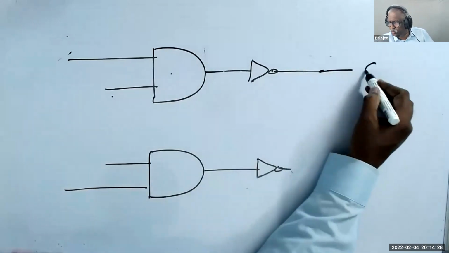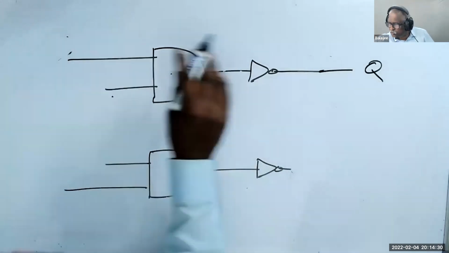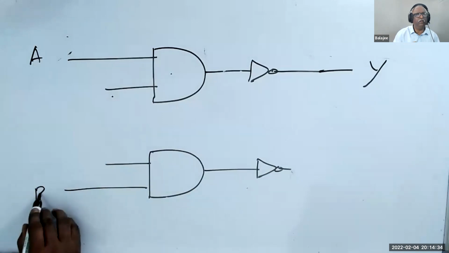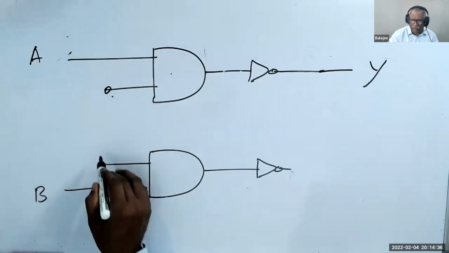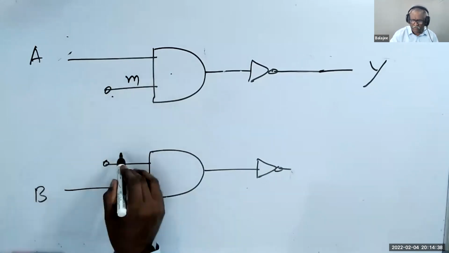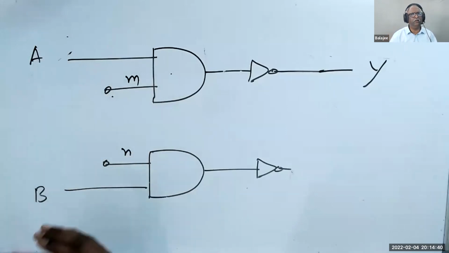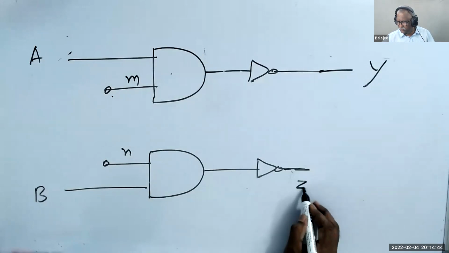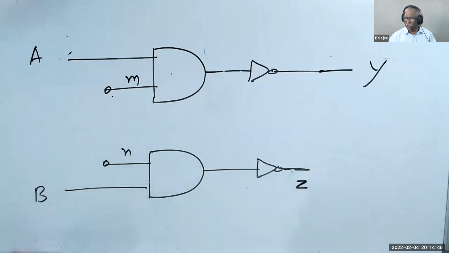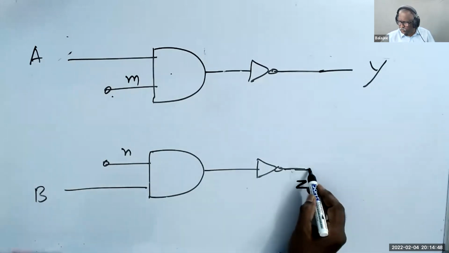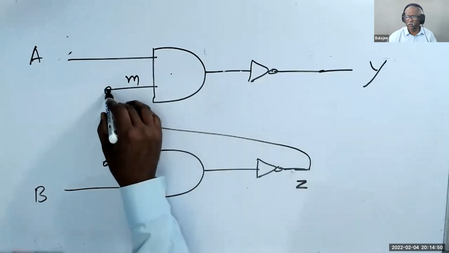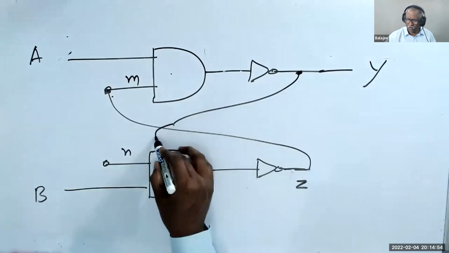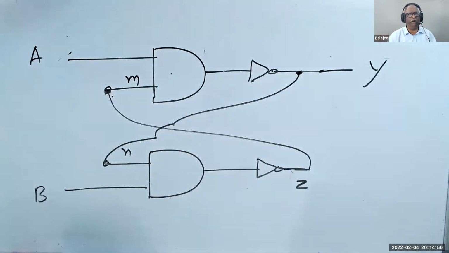This is called Y. This is called A. This is called B. Now these two inputs, let us call M and N. This one, I call it Z. Now I take this one and connect it to M. Then I take Y to N. I did a small feedback now. See that.